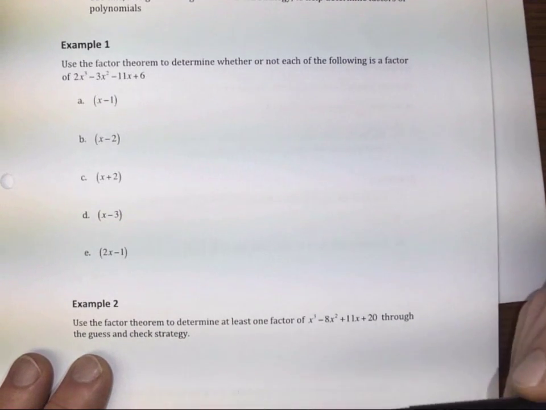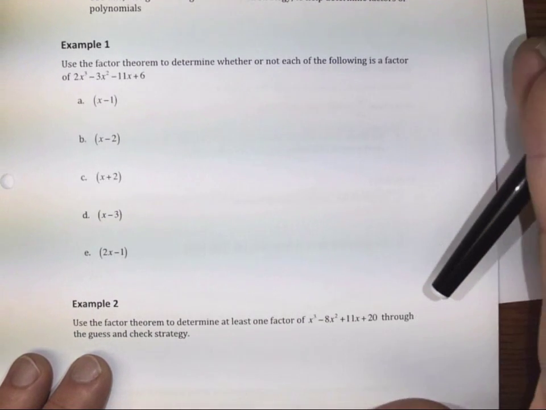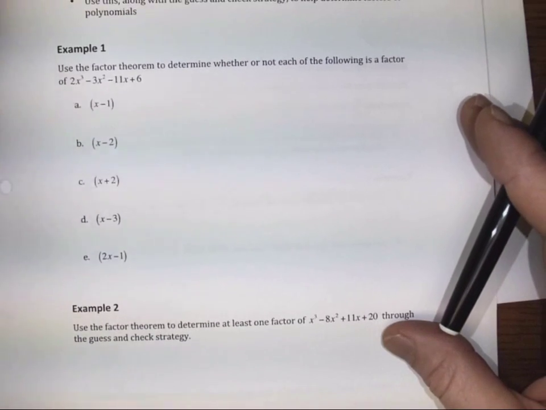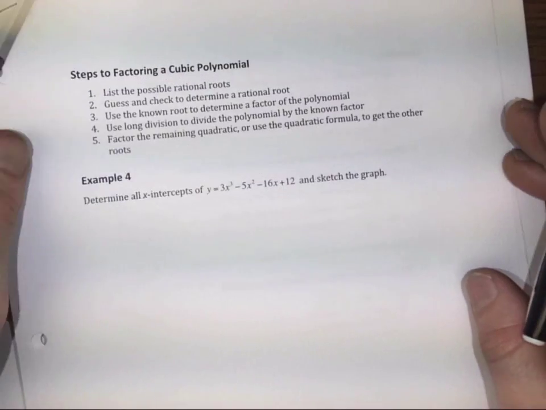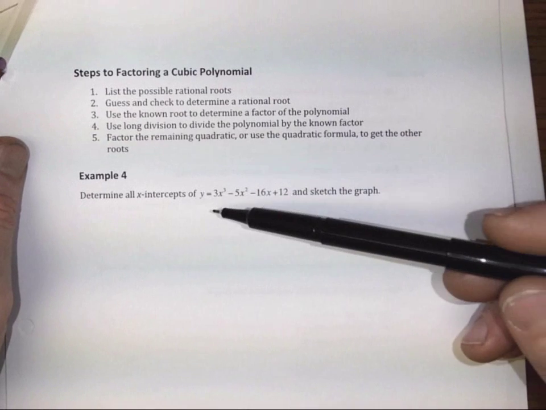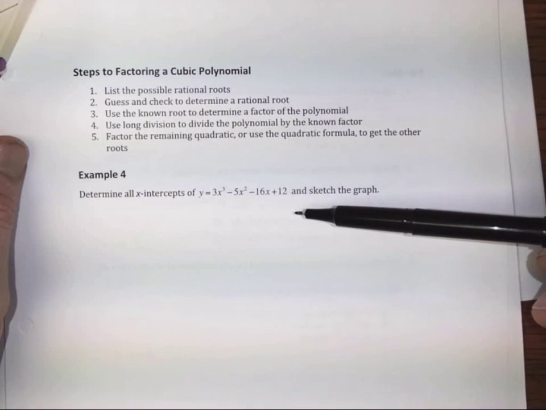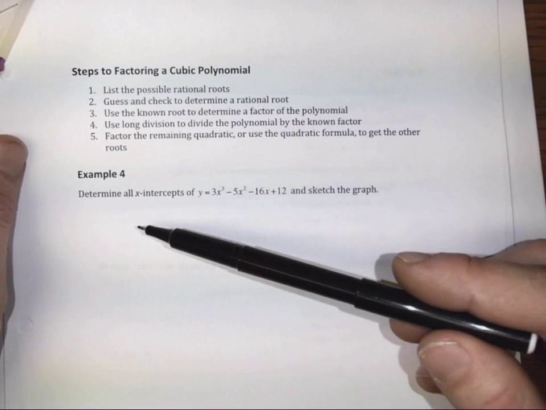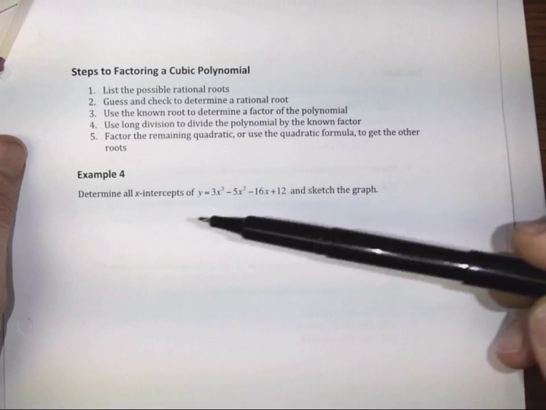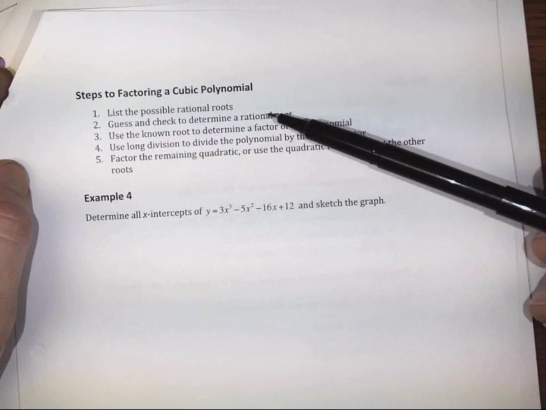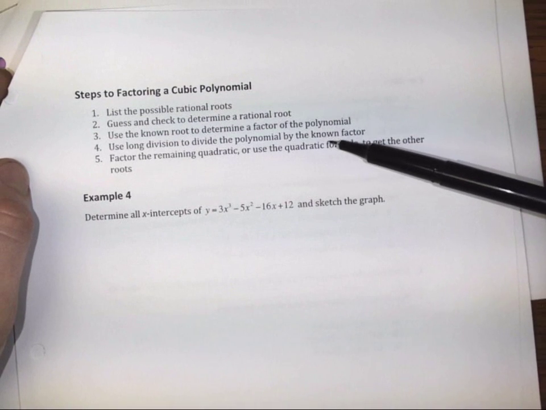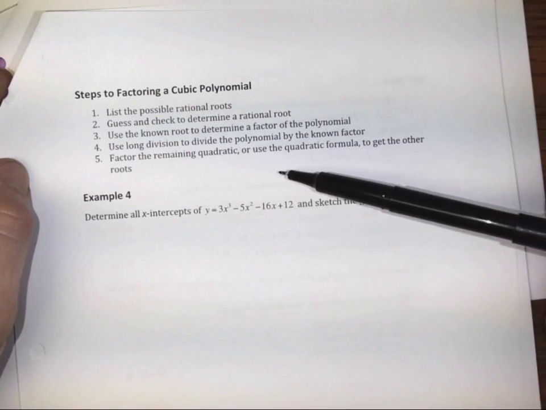Okay, so with that tool alone, we can actually factor some pretty sophisticated stuff, and that's what we did here with this last page. We took a sophisticated polynomial, we found a root, found a factor, used long division to divide the polynomial, and then factored the rest.